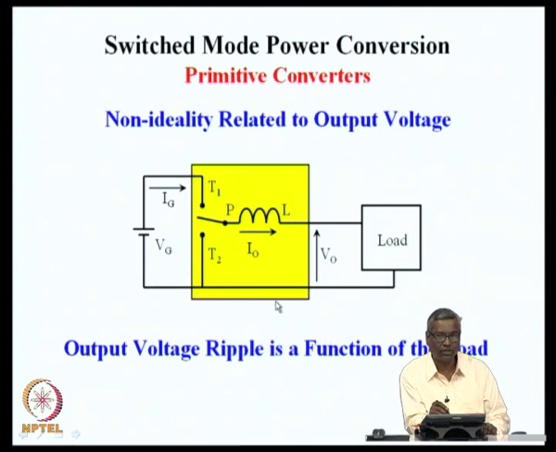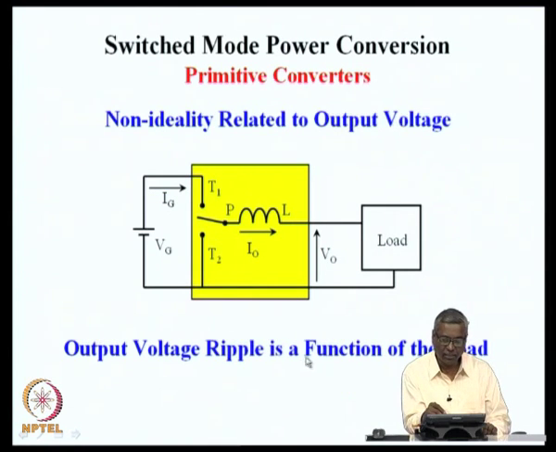And we also saw that the inductor current is not perfectly constant. It has a ripple delta I naught, and this delta I naught by I naught is related to the switching period divided by the L by R time constant of the converter. And if that has to be small, we said that the switching period has to be very small compared to the L by R time constant of the converter. Now, we have the next non-ideality which is relating to the output voltage.